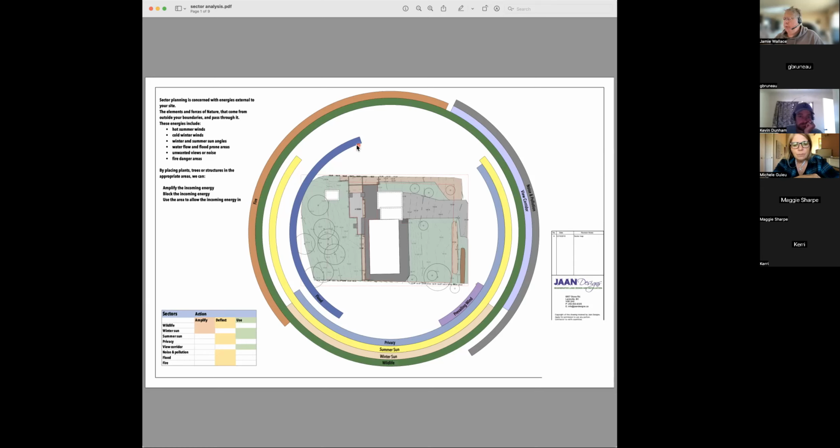So one on this particular job was this flood sector, and it played into a new retaining wall that was being built on the uphill side of this particular property. And we'll go through some images of that. I'm not sure if we'll do that today, but anyhow, this is basically what we will provide.